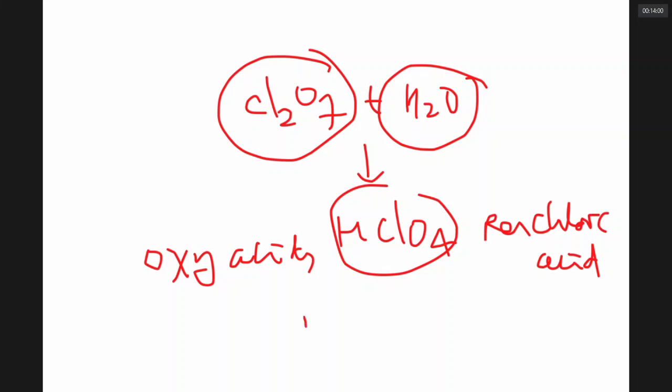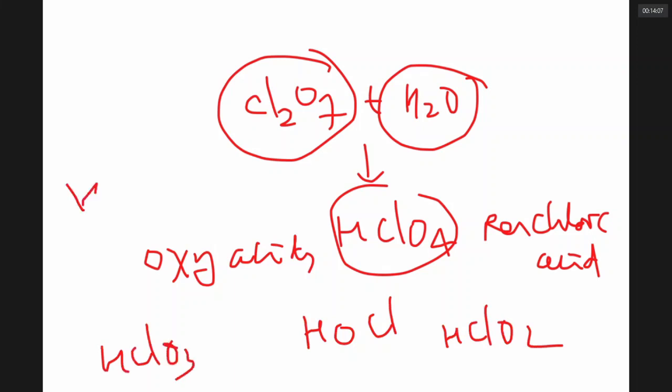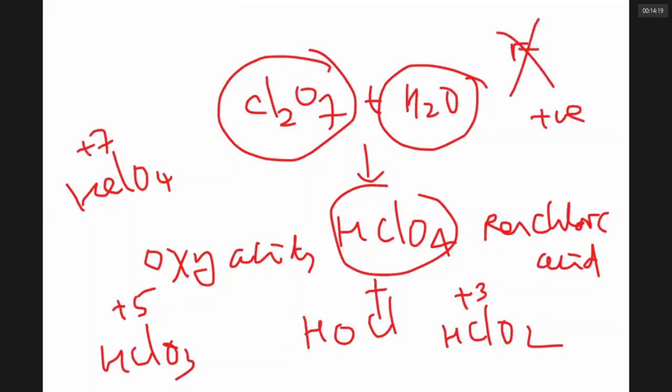In all oxyacids, maybe HOCl, HClO2, HClO3, HClO4, the halogens take positive oxidation states. Since fluorine can never take positive oxidation state, fluorine never makes oxyacid. Are we clear? Yes, sir.